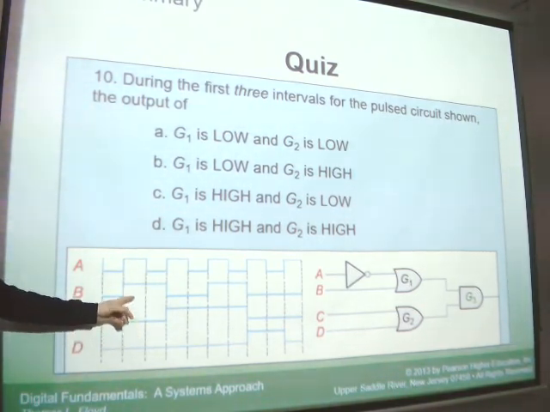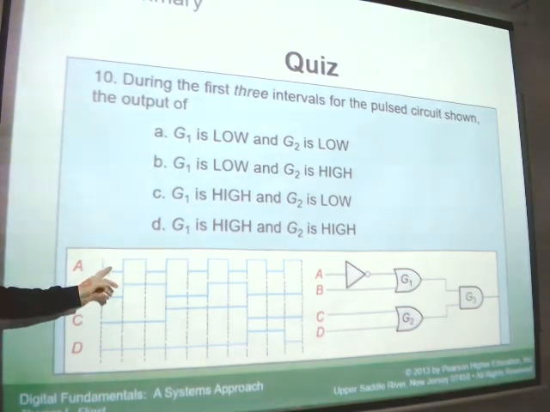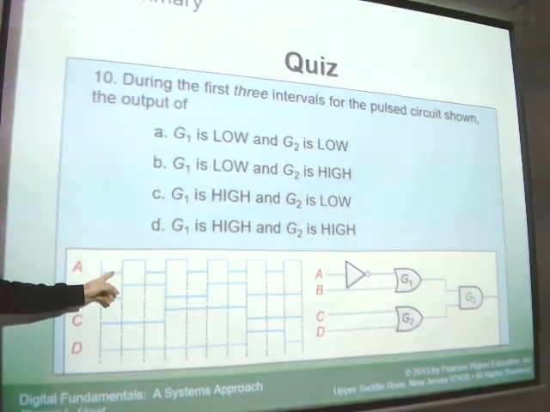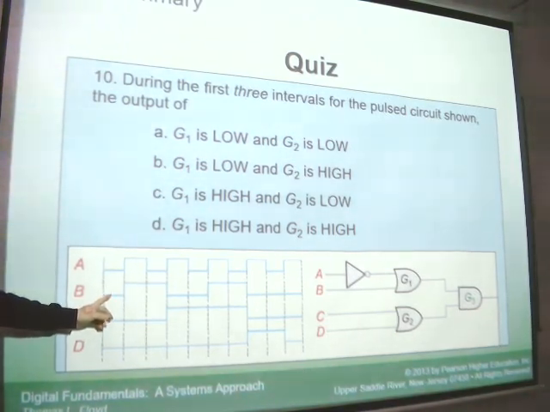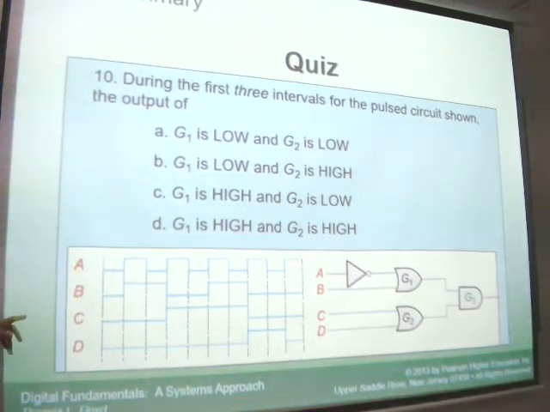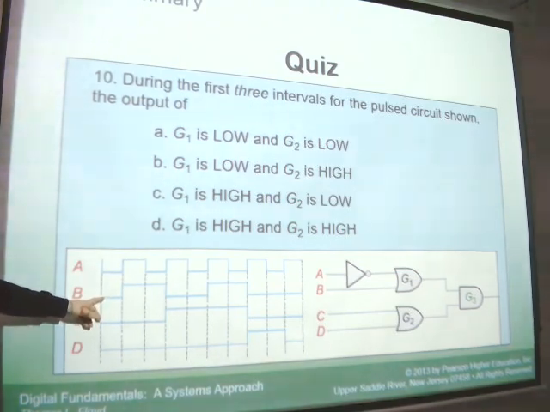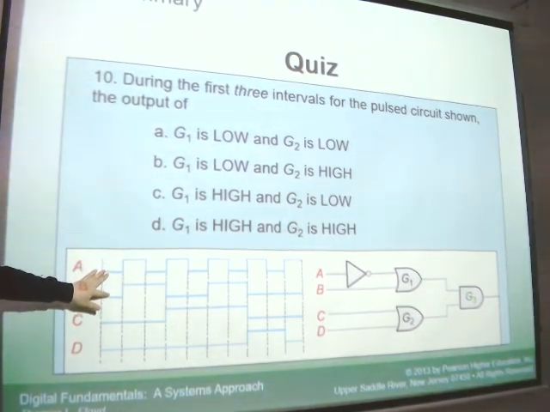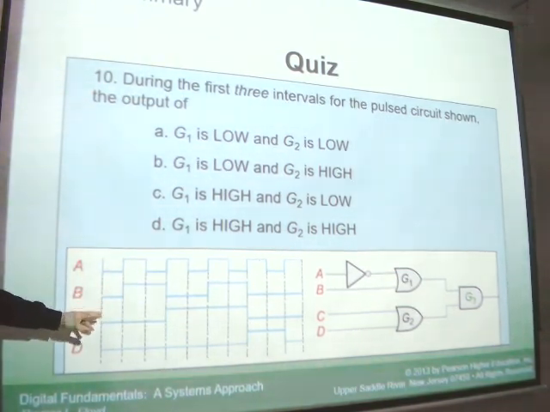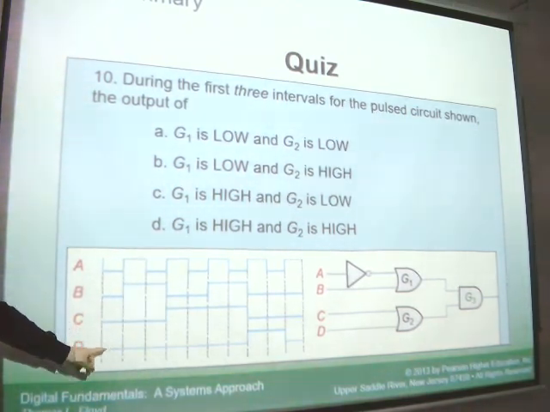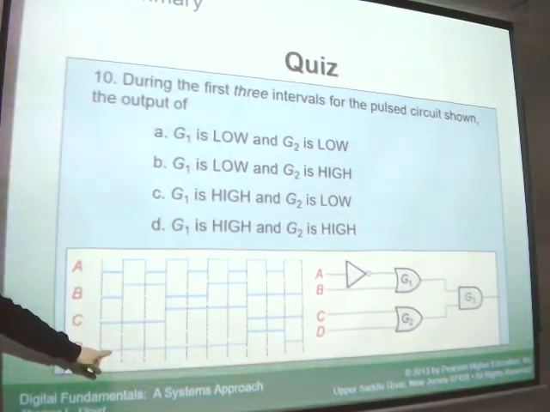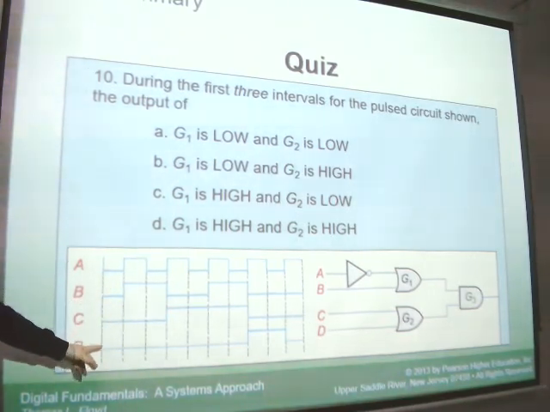For this, A bar equals 1, and B is 0. But A bar plus B equals 1, and C and D are 0, so 1 times 0 is 0.